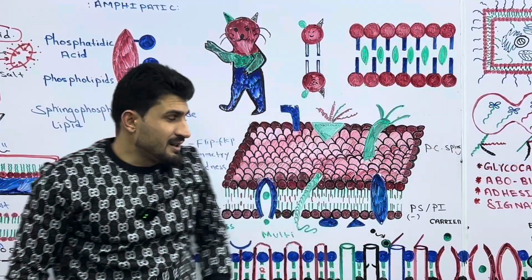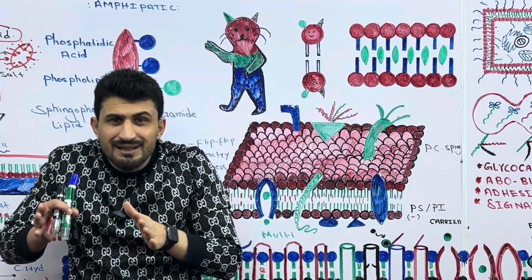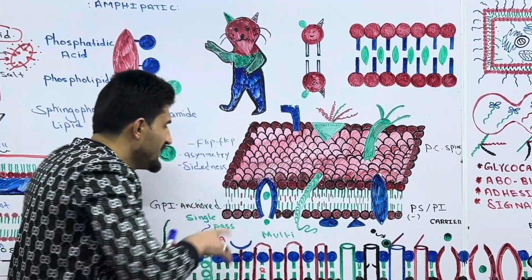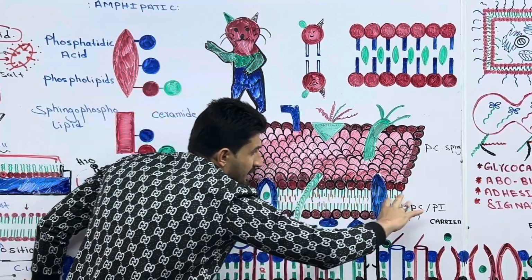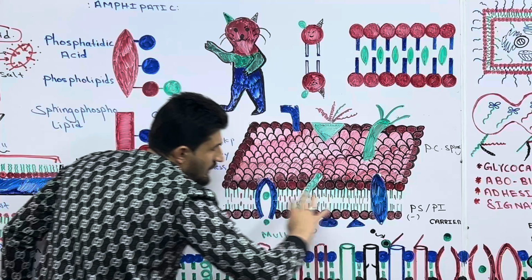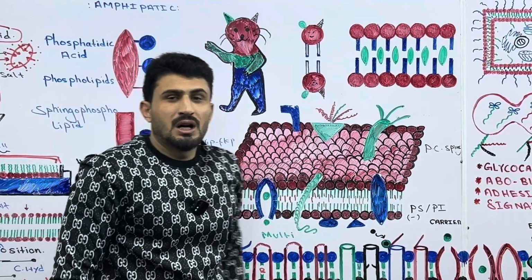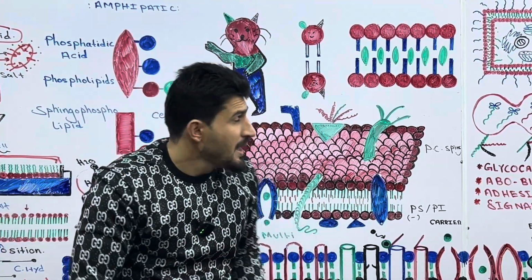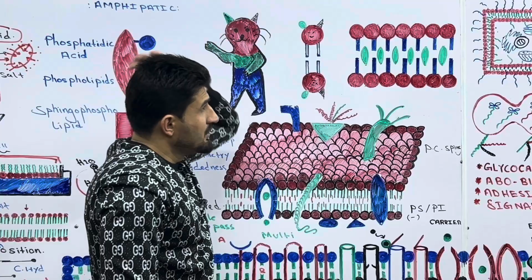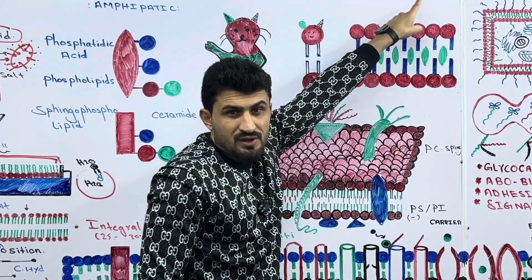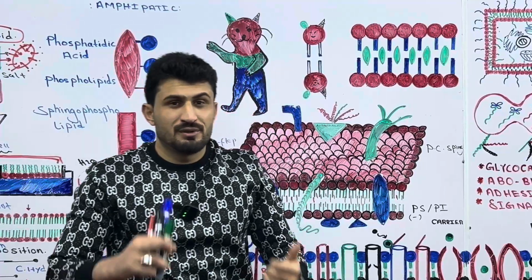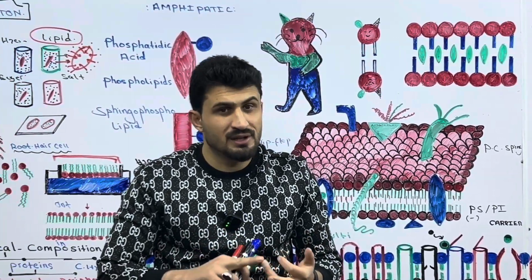Fluidity means that the cell membrane has a little bit of lateral movement. These lipids are movable laterally, and this lateral movement of lipids is called fluidity. Okay, so now we will talk about the basic structure of the fluid mosaic model. A fluid mosaic model is made of lipids, proteins, and carbohydrates.